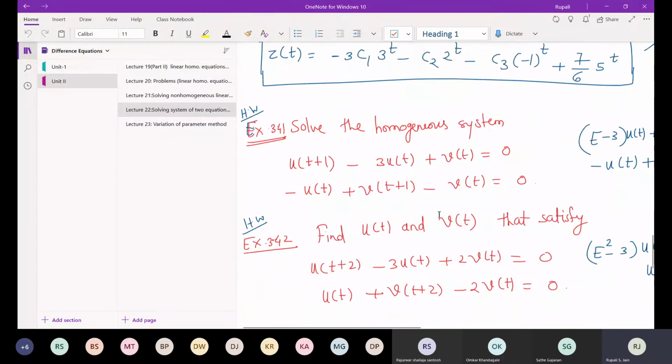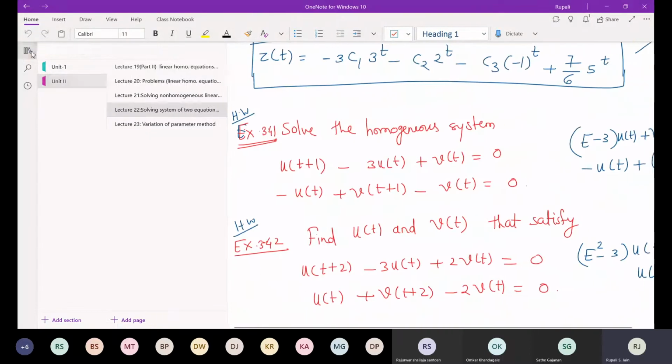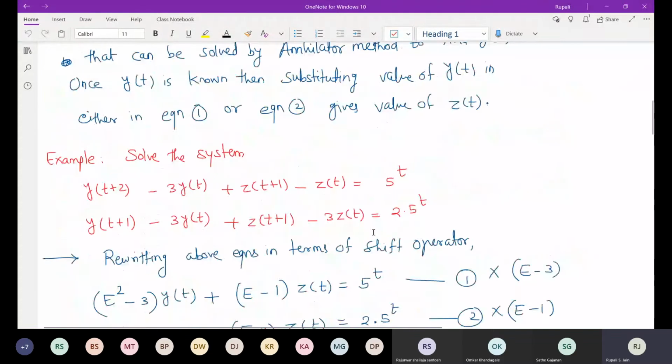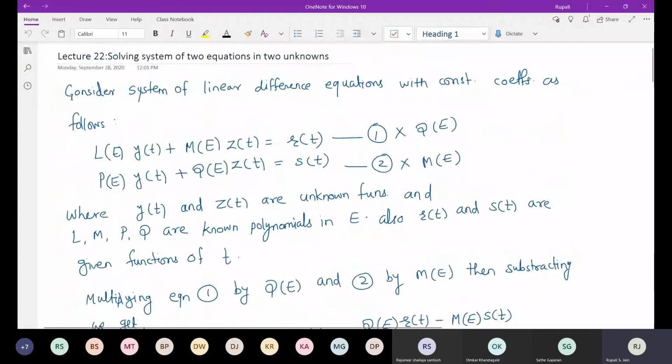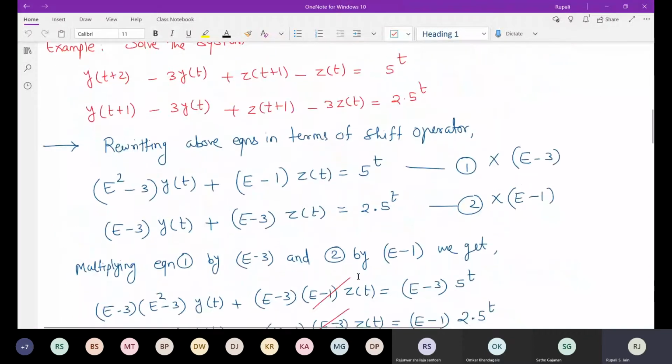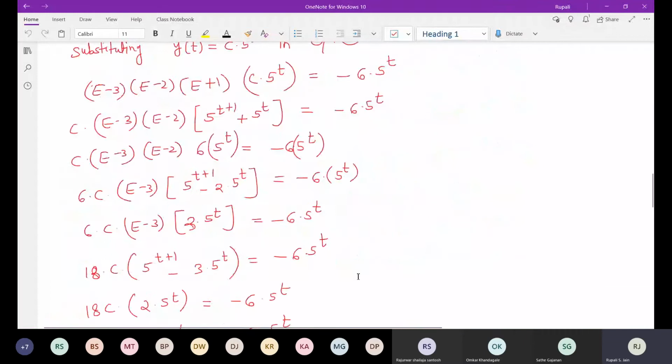So yesterday we have seen problems based on the annihilator method, like how to solve a system of linear difference equations with the help of the annihilator method. Yesterday I have also given some problems for exercise. Everybody did it?